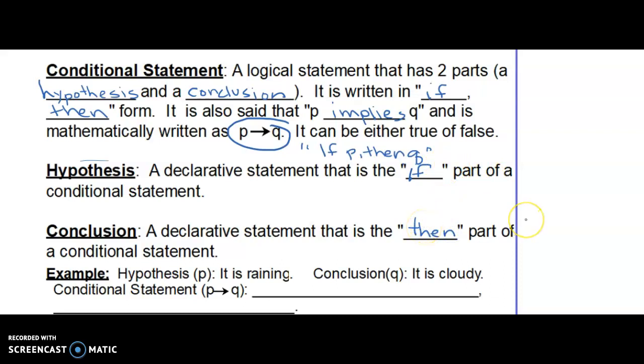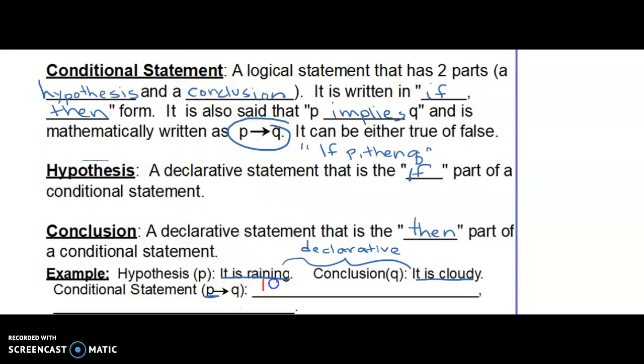So for example, if my hypothesis is it is raining and my conclusion is it is cloudy, first I want to note that both of these are declarative statements. Okay, this only works for two declarative statements. So if you look here, my P comes first. So it is raining comes first, but we want to put this in if-then form.